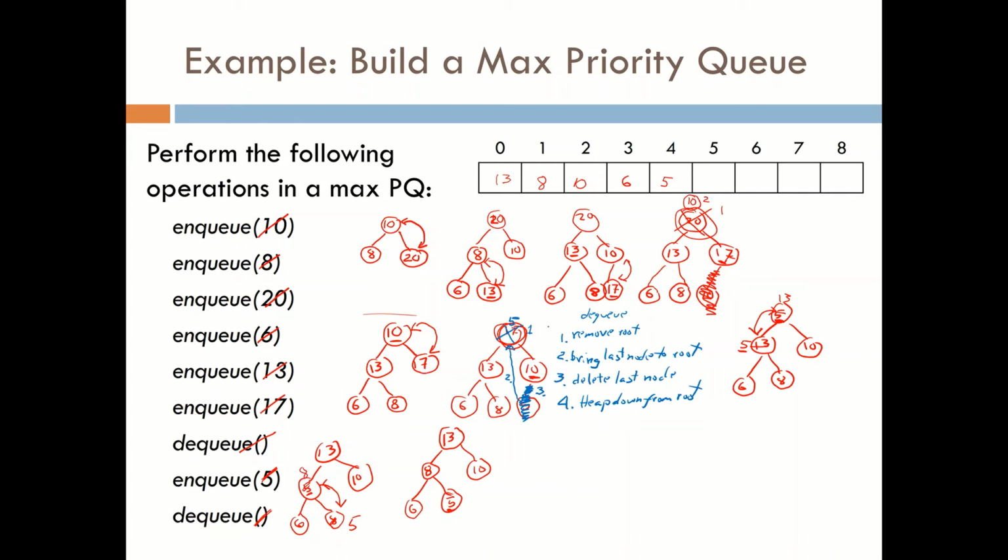And so now our array is 13, 8, 10, 6, 5. Our tree is 13, 8, 10, 6, 5. We have a complete binary tree. We have restored the heap order property, and therefore we now once again have a heap.